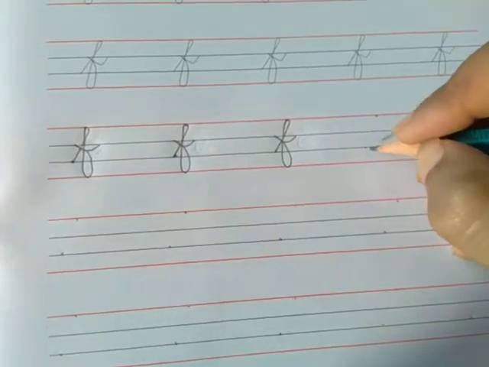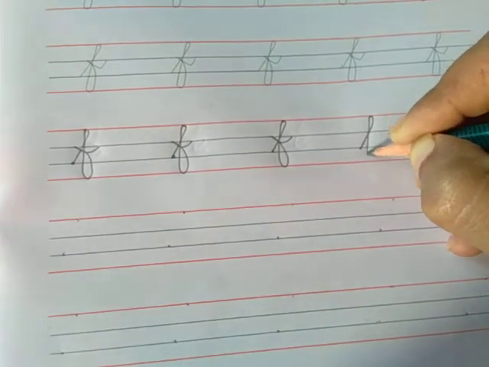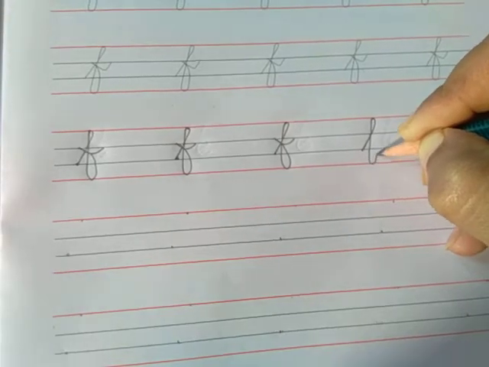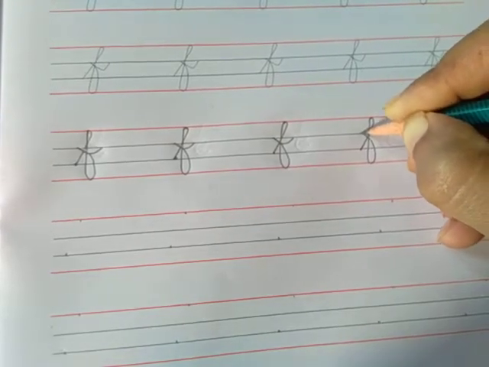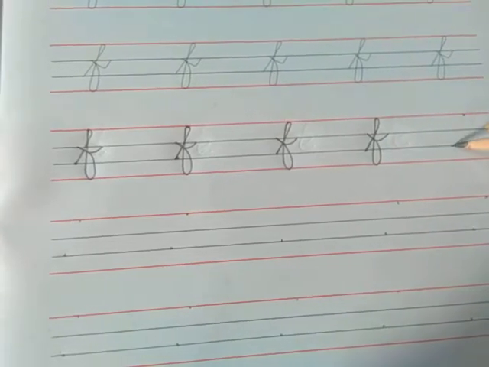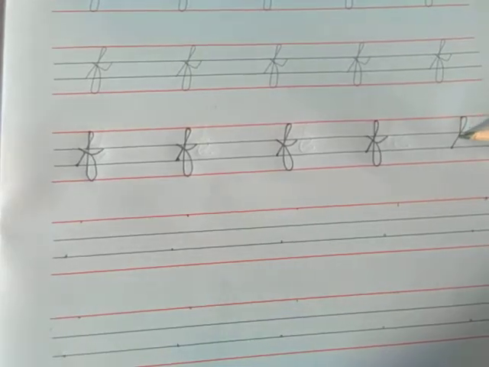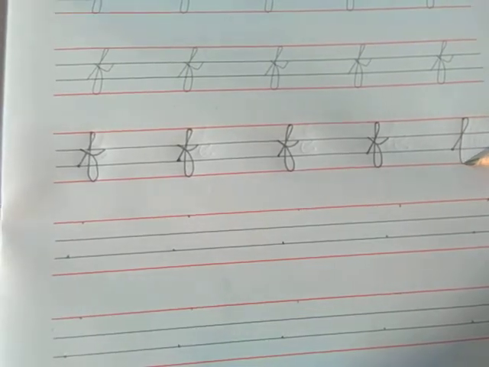This is letter F. So likewise you have to practice letter F. See how smoothly and slowly I am writing letter F. This comes up very beautiful when you write slowly and carefully.